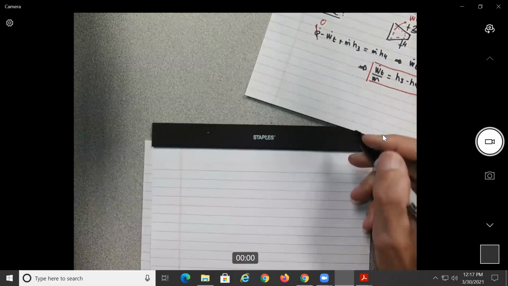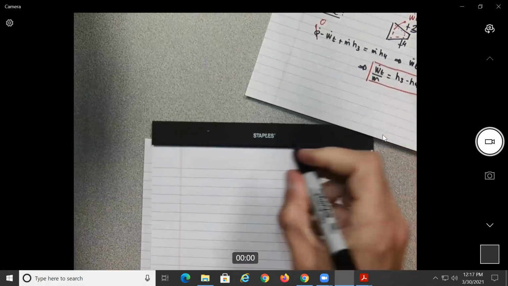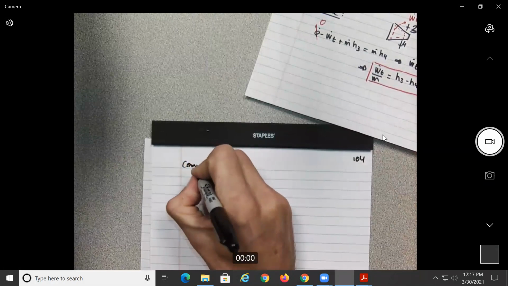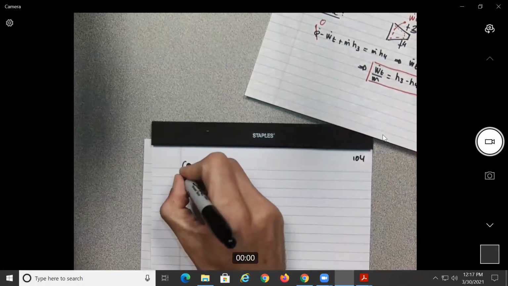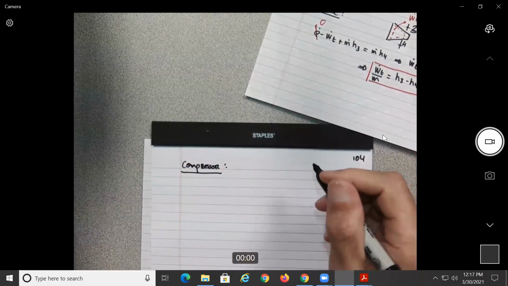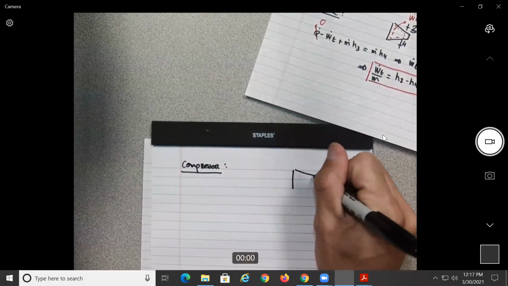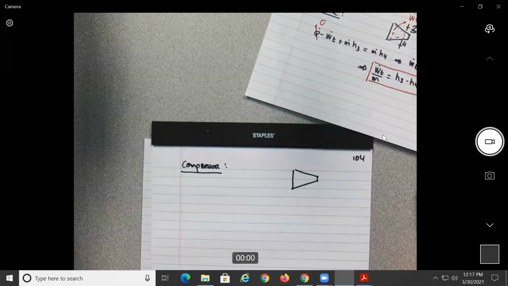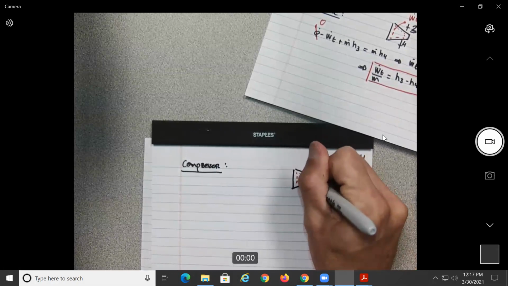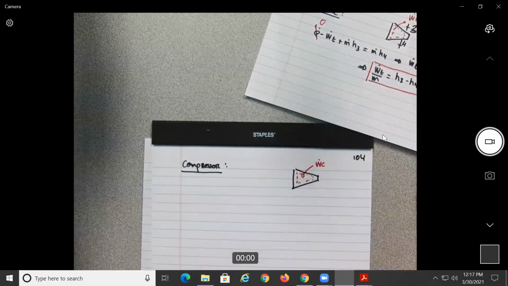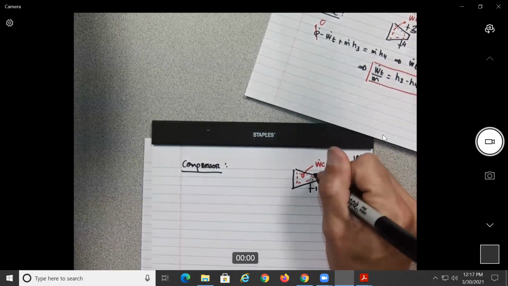So page 104. Now we're going to look at the compressor. If I do a figure of the compressor, this will be our control volume. This one requires power, and it operates between 1 and 2.